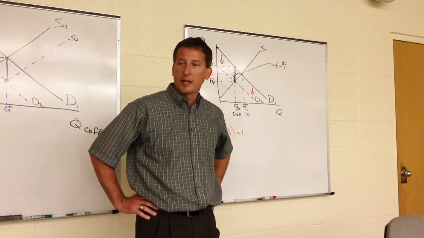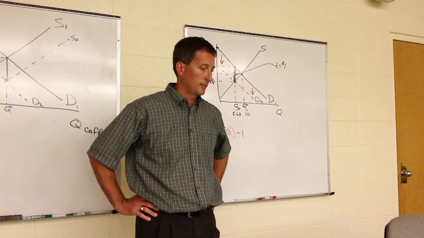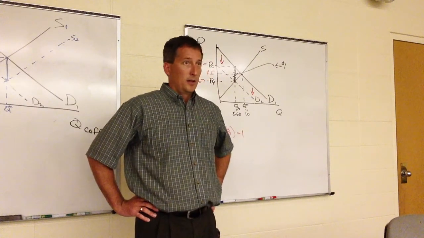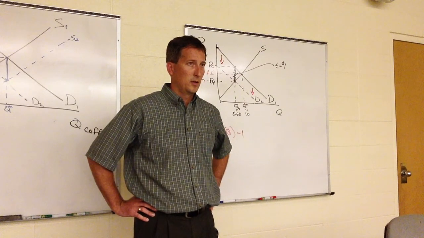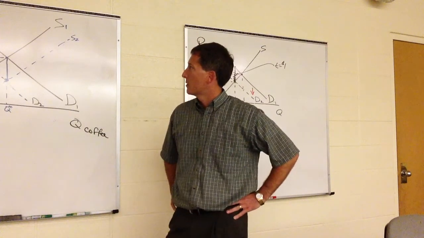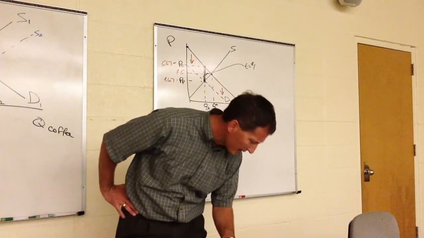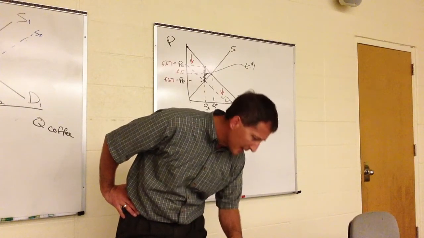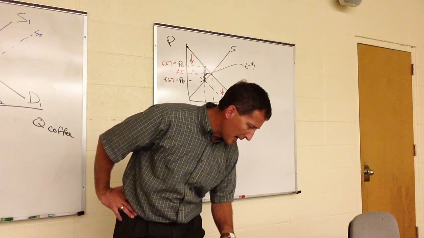Okay, any other questions on the problems? What would your answer be for B? Like, what will happen to the equilibrium? I think that's what they said, it depends on the elasticity of the supply and demand.